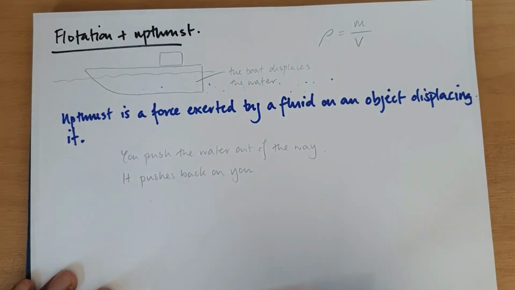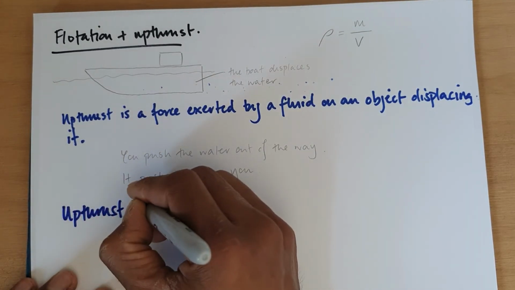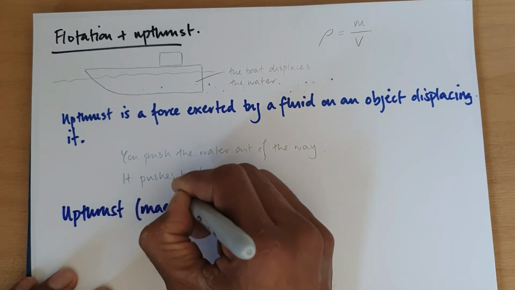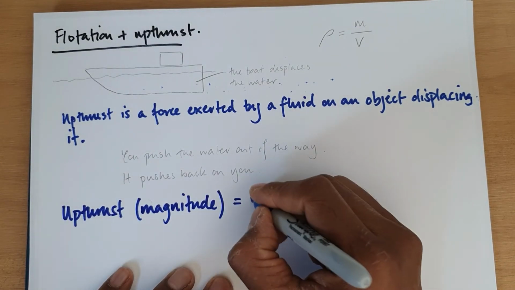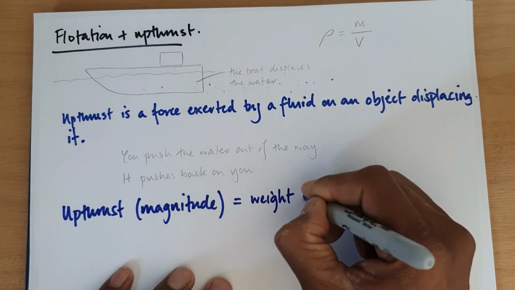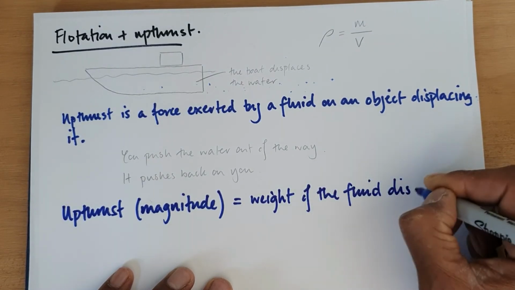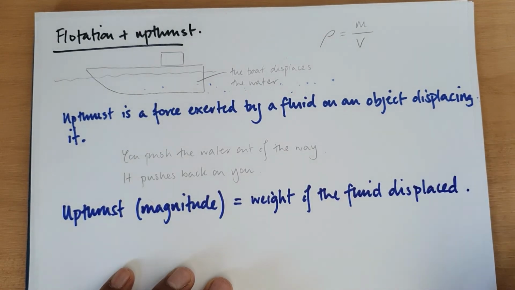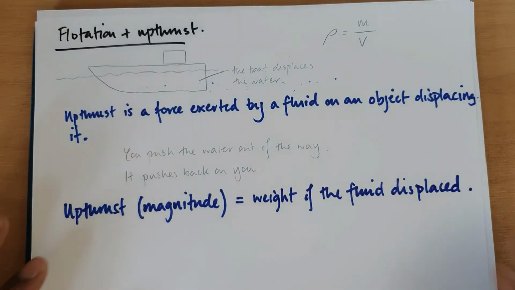What you should know is that upthrust, I'm going to write magnitude, is equal to the weight of the fluid displaced. So if you can displace a larger volume of liquid, you will get a larger force of upthrust on you, okay?